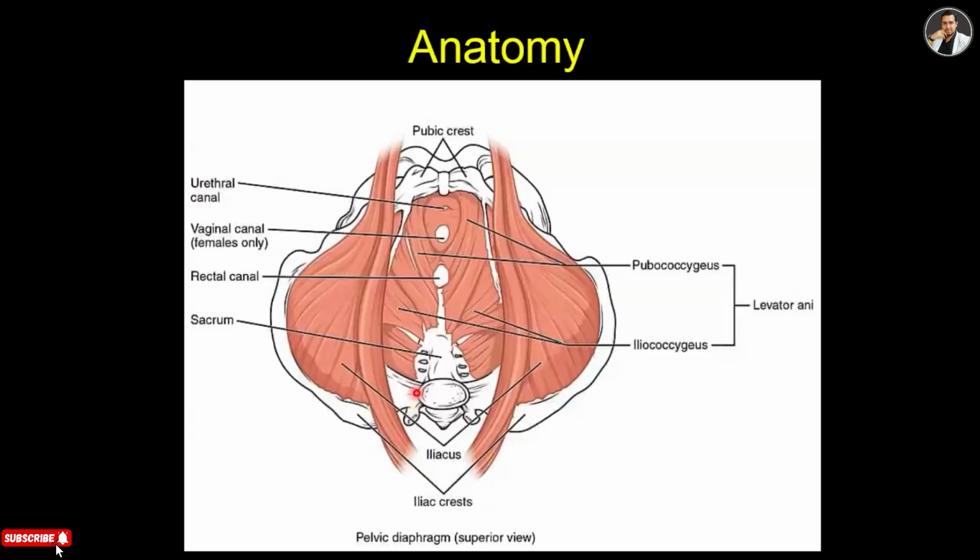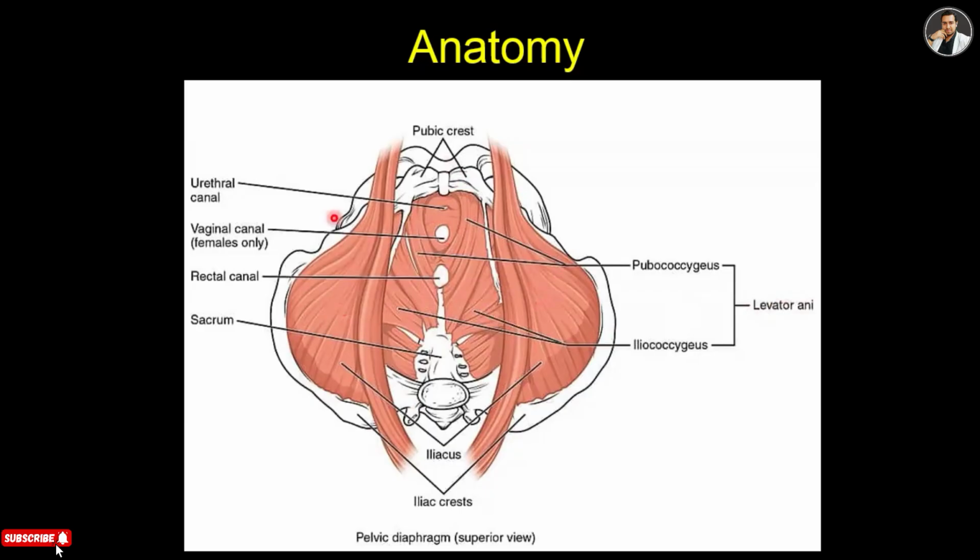So let's discuss the pelvic floor structure. In this diagram, this is the rectal canal and this is the vaginal canal. Around the rectal canal, there are a few muscles that are involved in the process of defecation, and the main muscles are the pubococcygeus muscle that is in front and starts from the pubic crest, and at the back is the iliococcygeus muscle, and these two muscles together are called the levator ani.